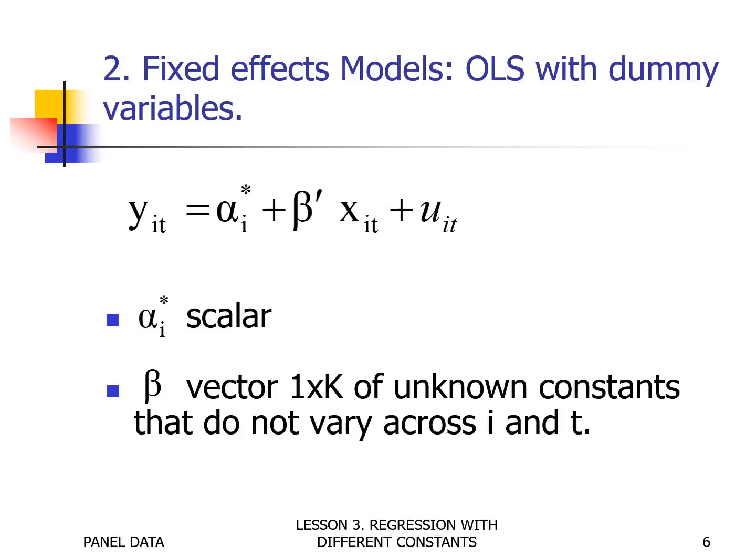That is the homogeneous part of the model, while the alphas are the heterogeneous part.